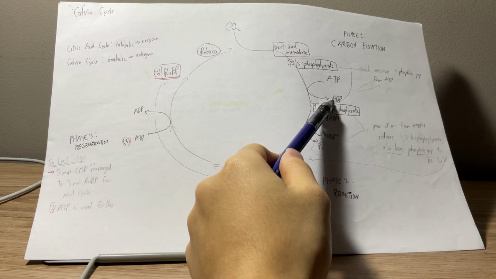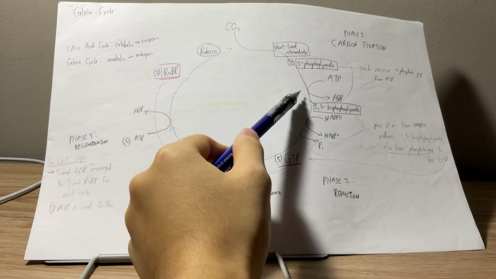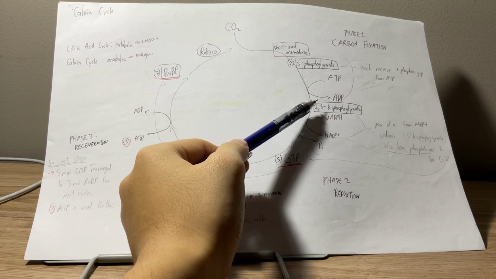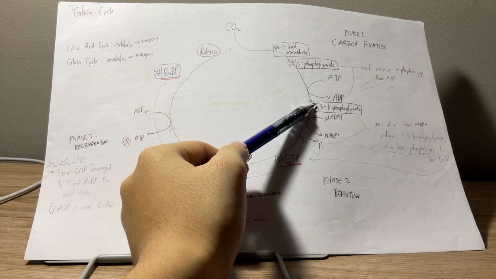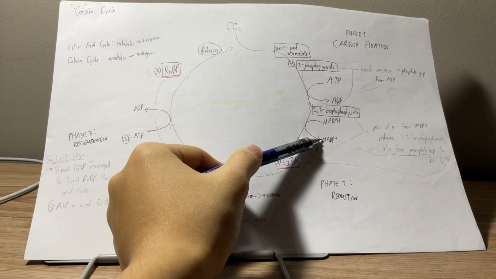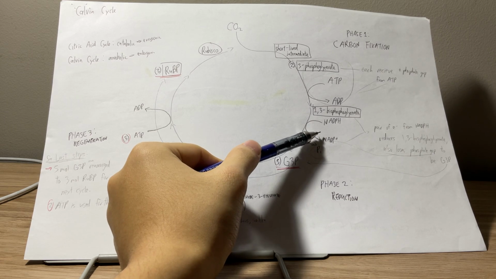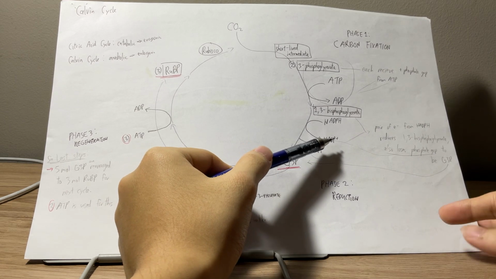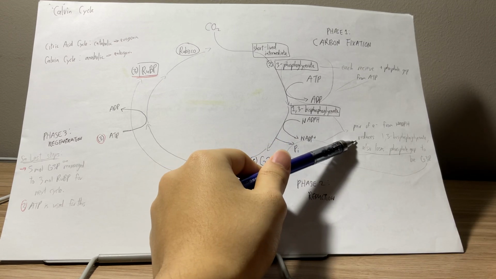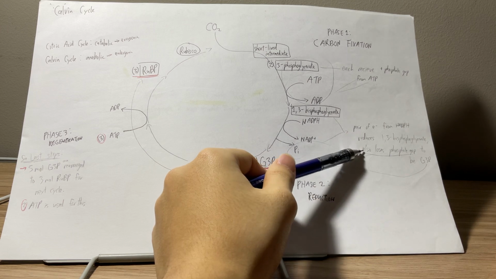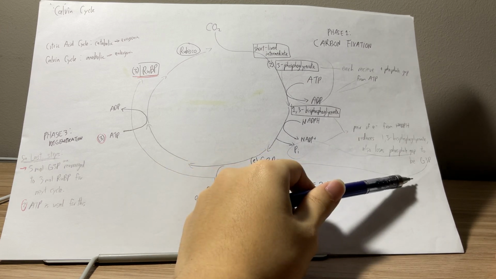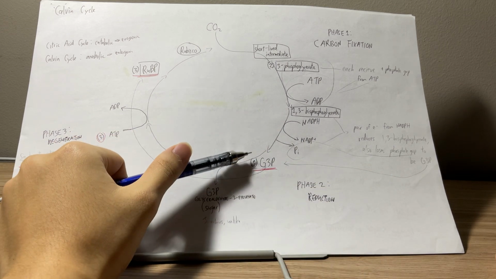So ATP becomes ADP, and we have 1,3-bisphosphoglycerate instead of just 3. NADPH becomes NADP plus. I think this is an oxidation reaction. A pair of electrons from NADPH reduces the 1,3-bisphosphoglycerate, which also loses a phosphate group to become G3P.